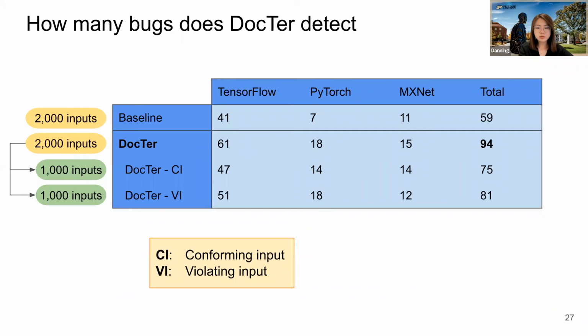Here in the table, we show the breakdown of the results in each mode. The results show that CI and the VI mode alone, with only 50% of the inputs, are better than the baseline, or they can detect more bugs than the baseline. Having the constraints enables DocTer to generate inputs conforming or violating the constraints. Without the constraints, one cannot generate CI or VI.